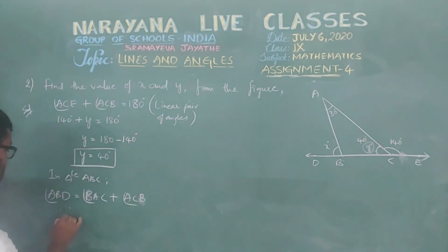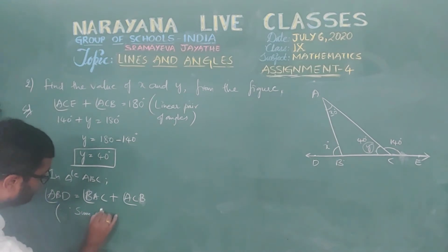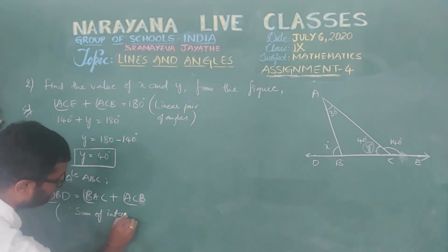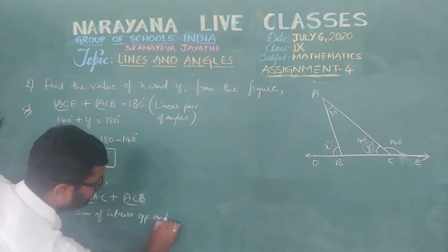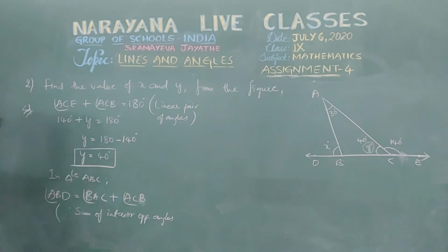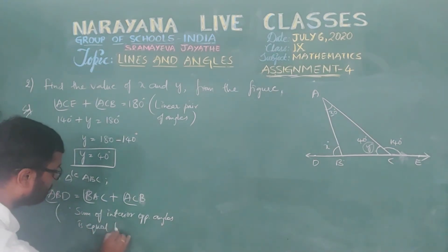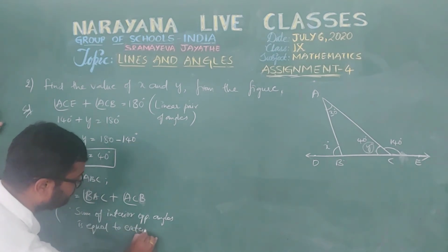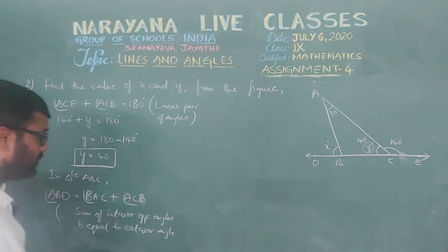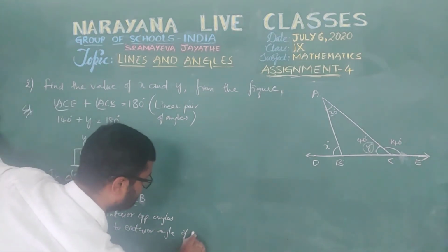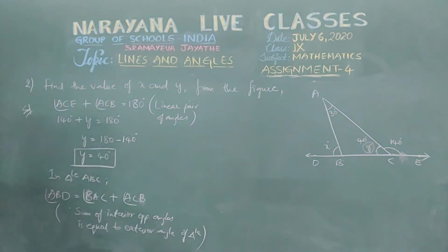Why? Since we have a property: the sum of the interior opposite angles is equal to the exterior angle of a triangle, isn't it? This is one property.